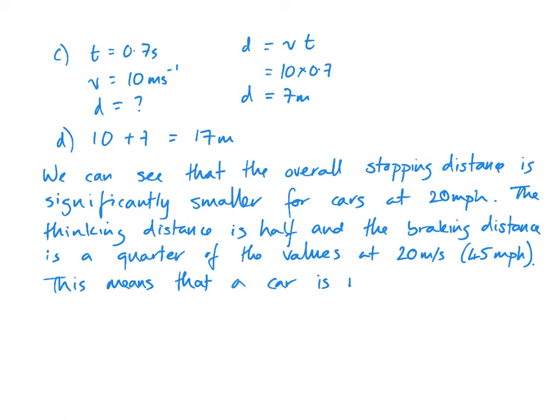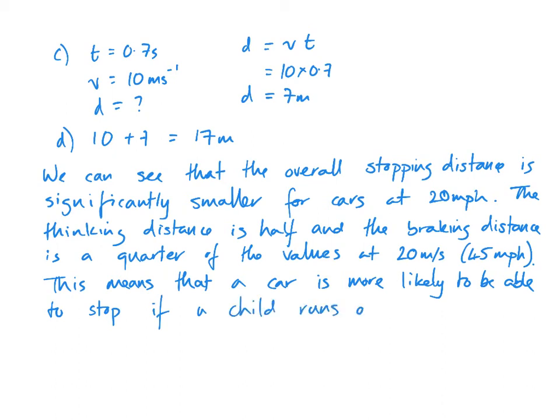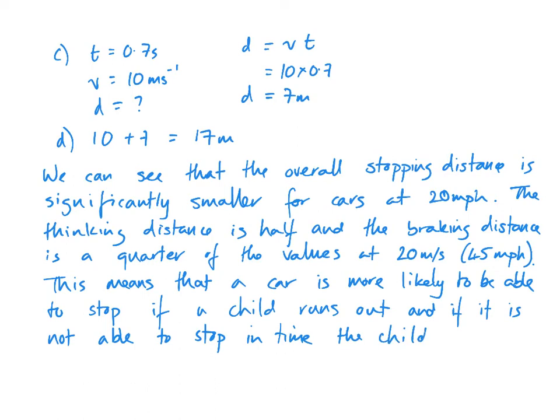This means that a car is more likely to be able to stop if a child runs out, and if it is not able to stop in time, so if an accident does take place, the much lower energy involved means that the child is less likely to be seriously injured.